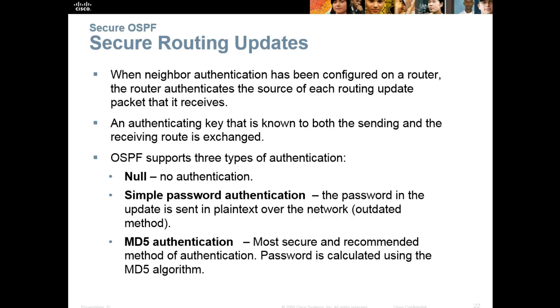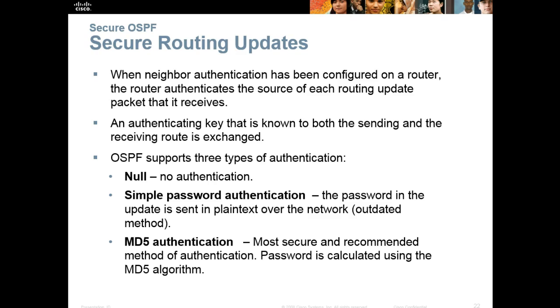Now we can secure it. That can be so somebody coming into the network doesn't find a way in to hack your processes. So we use the MD5 hash in authentication. Actually, there's 3 types. There's null, which is no authentication, and simple password authentication, which is about as good as null anymore because the password's in clear text.